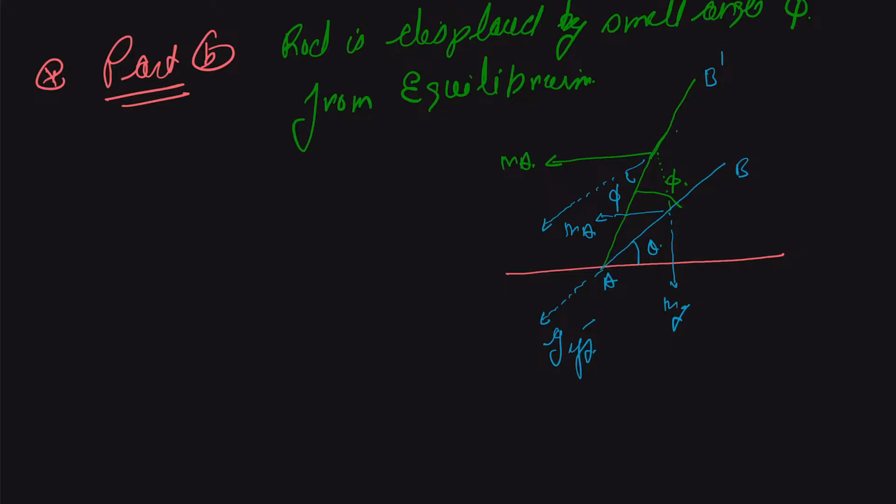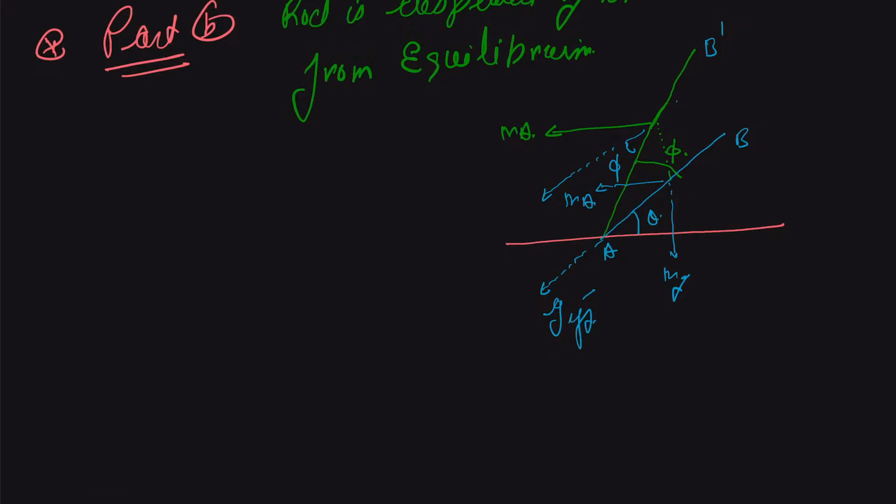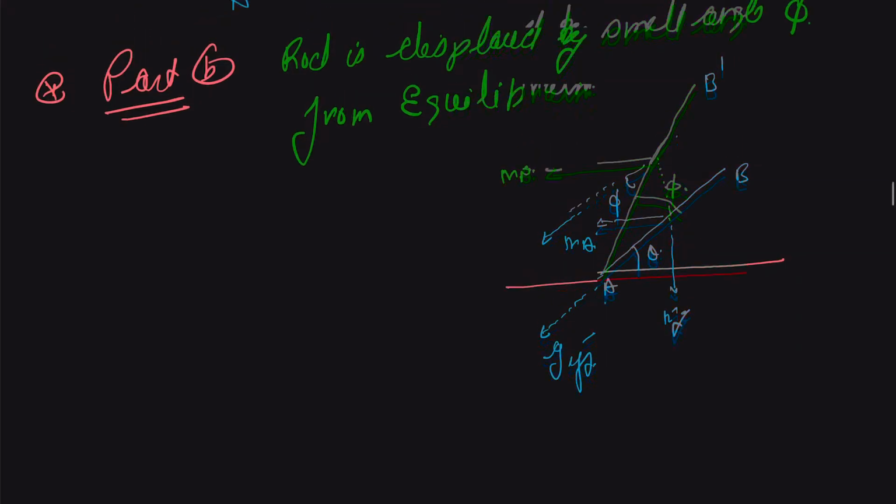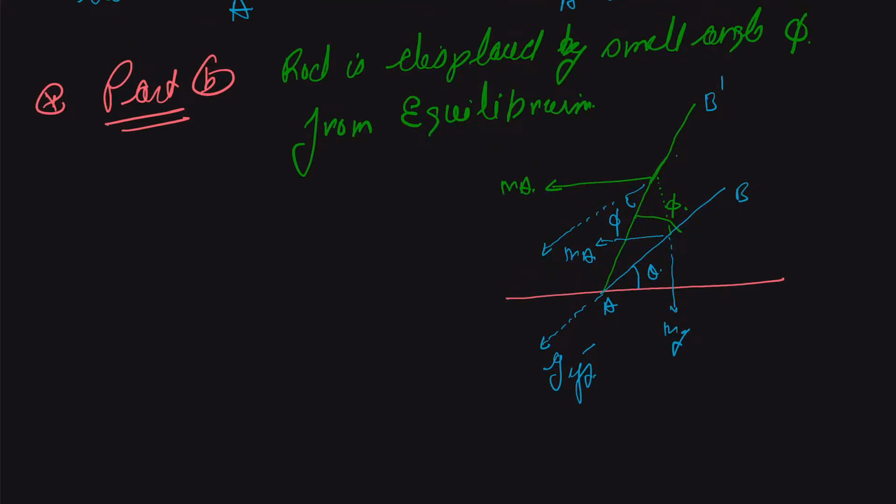Now we are once again going to resolve the components and get the solution. Like we said, it is a small angle from the equilibrium, therefore there will be a restoring torque.